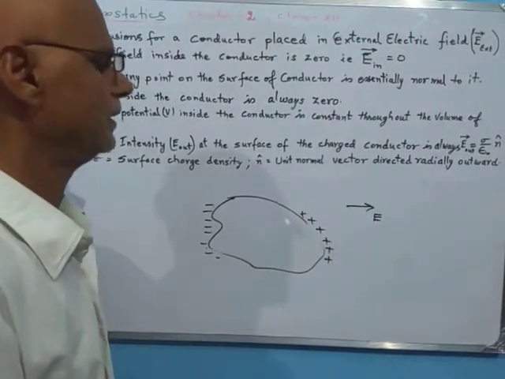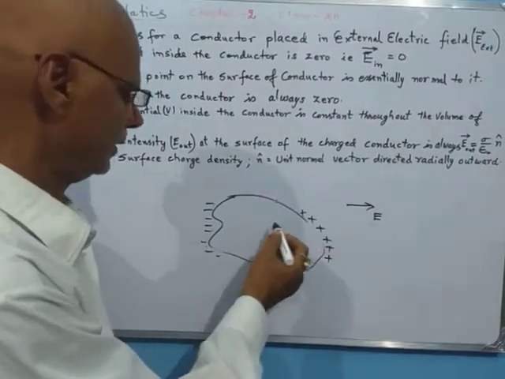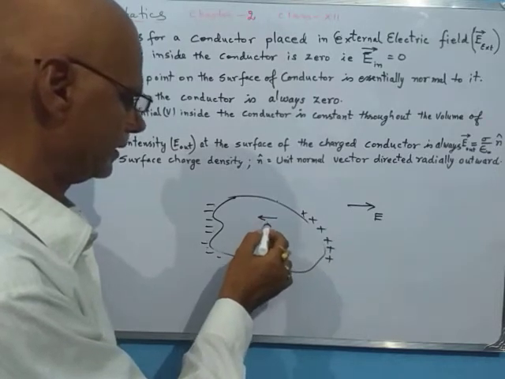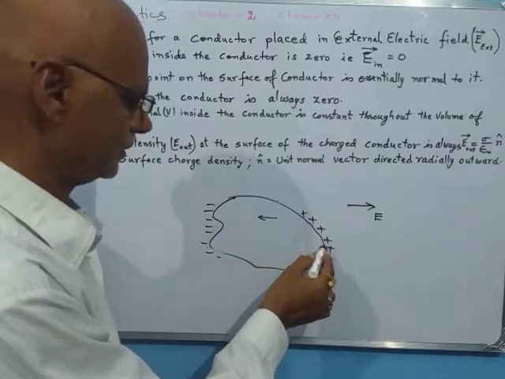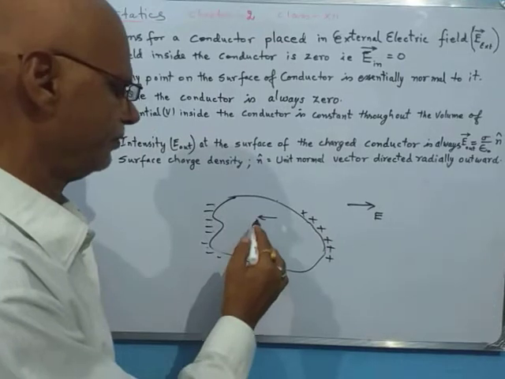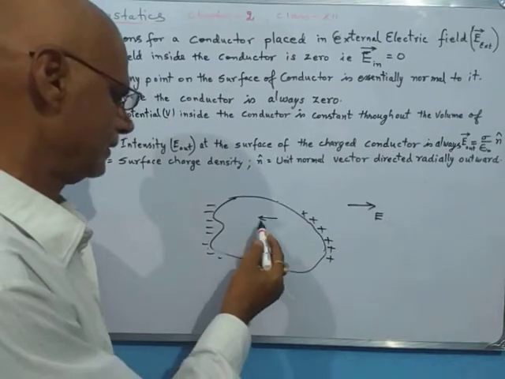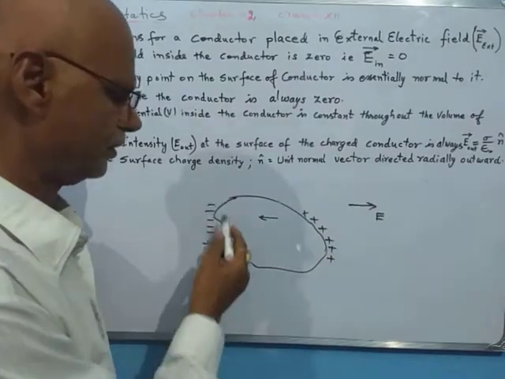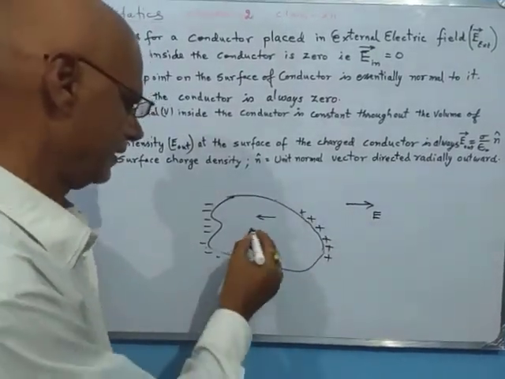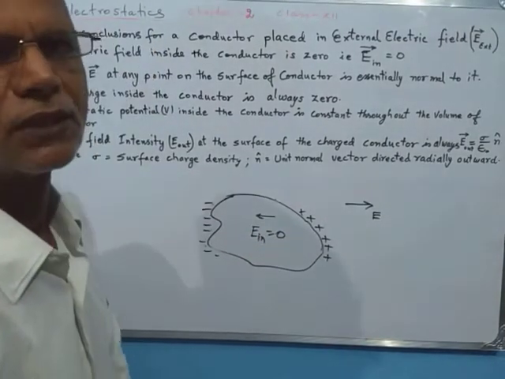Again, these two layers will be creating some electric field inside the conductor which is opposite to it. This electric field created due to accumulation of charge will keep increasing in strength because of further accumulation of charge, and will stop increasing when this electric field generated due to the layers of positive and negative charge becomes equal to the magnitude of the external electric field, such that again the electric field inside the conductor becomes 0.